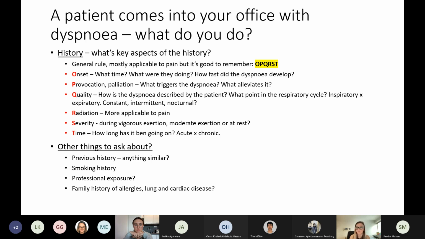We would think about, for example, COPD, maybe any professional exposure, and then a family history of allergies with asthma, for example, lung and cardiac disease. So we would also be looking at everything else that they've said to us before, which is very, very important. So we shouldn't just see the patient at the point where they come in. We should also look back at what else we know about them.